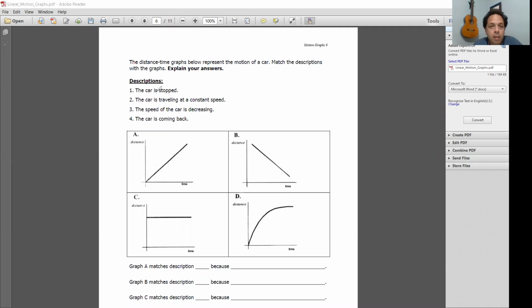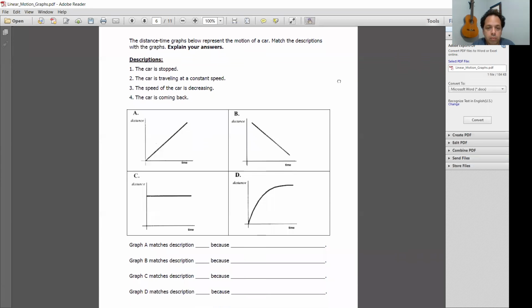The distance-time graph below represents the motion of a car. Match the descriptions with the graphs. Okay, let's do these. Number one, which one of these shows that the car is stopped?